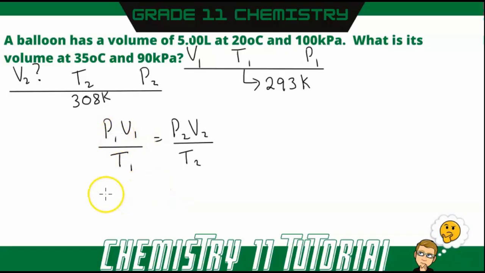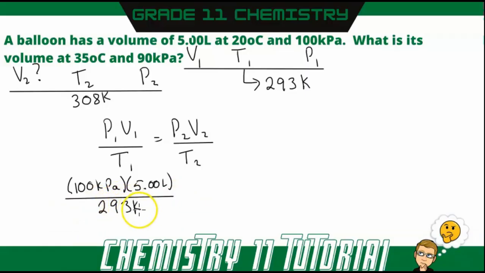So we have pressure 1, we have 100 kPa times our volume, 5 liters, all over that temperature, 293 Kelvin. It's going to be equal to our new pressure, 90 kPa, times V2, which is what we're looking for, divided by the new temperature of 308 Kelvin.